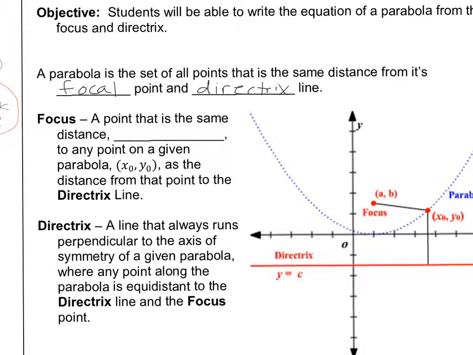Well, a focus is just this point in the center of a parabola here, and it's a point that is the same distance or equidistant. That's a good vocabulary word right there, equidistant, to any point on a given parabola. Notice they label it here as x, o, y, o, as the distance from the point to that directrix line.